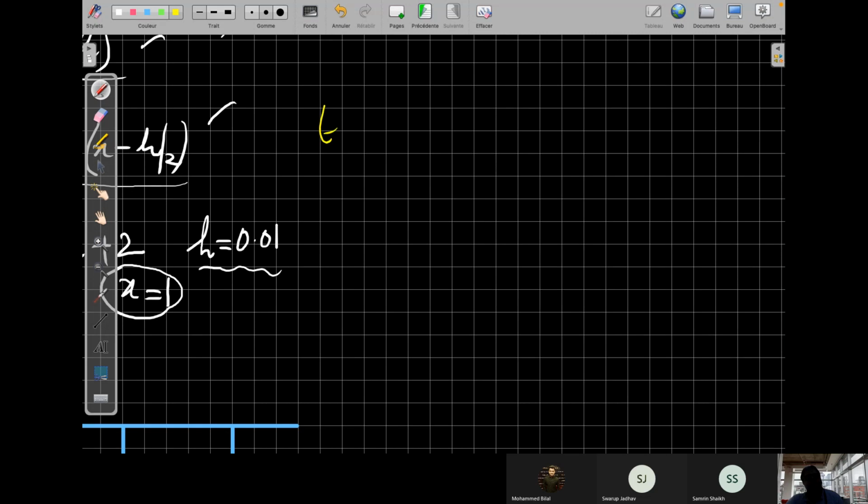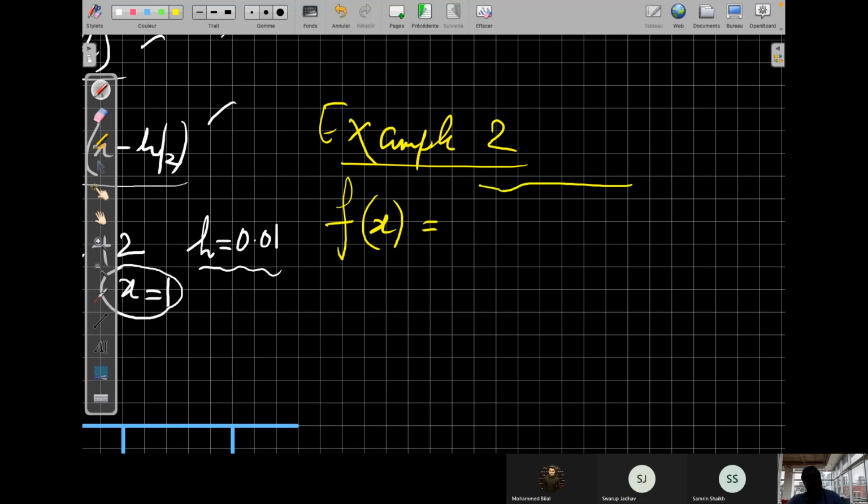This is example 2. Just try to do this complicated function. Take f(x) as the square root of (x minus 2) into (x plus 3).